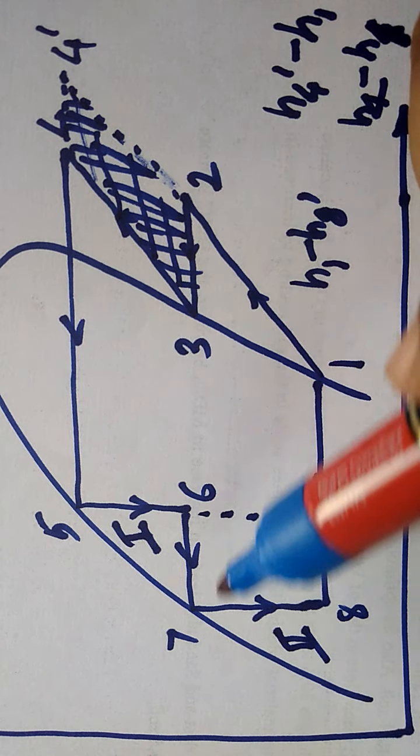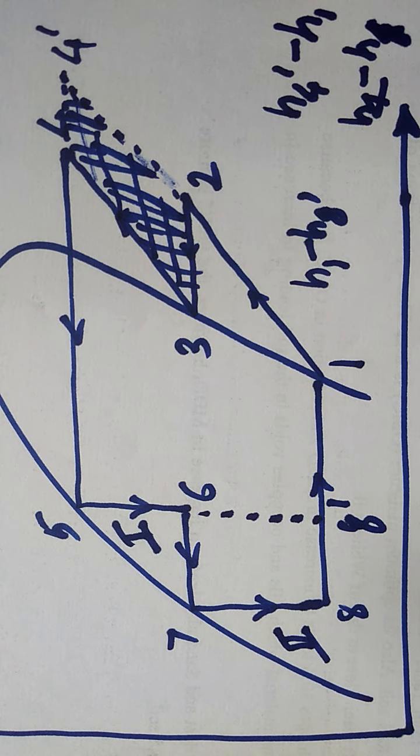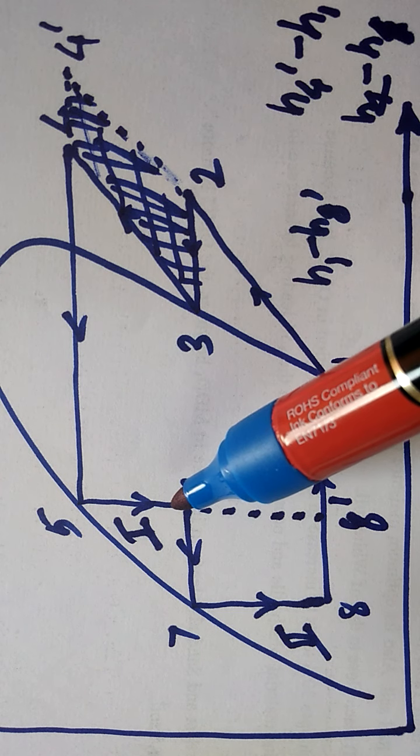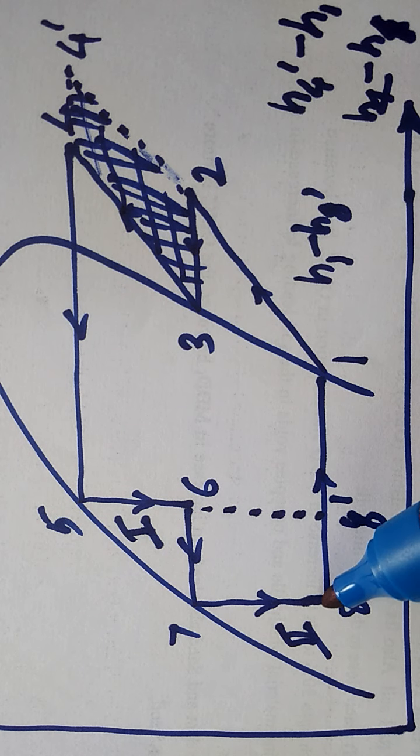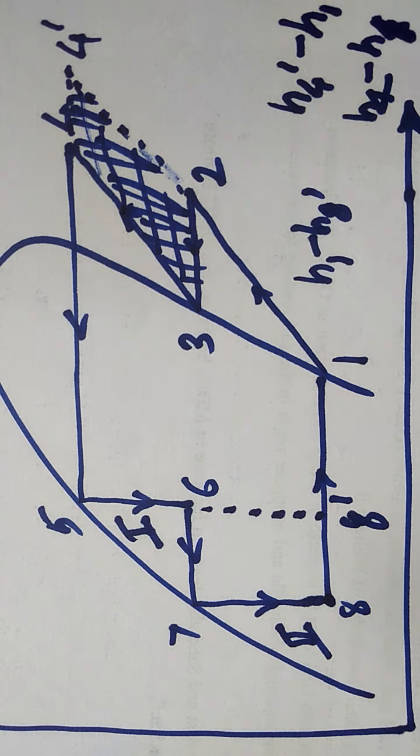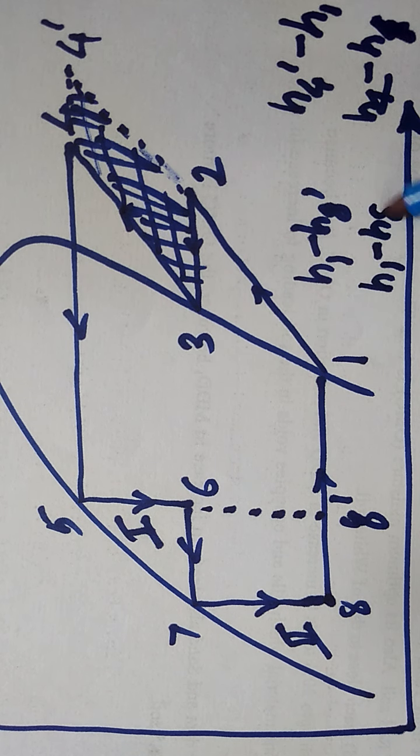So if expansion is carried out in 2 stages, then the state 8 will be achieved at the end of expansion. In the 2-stage expansion, the net cooling effect will be H1 minus H8.